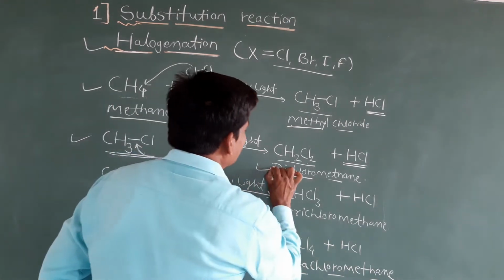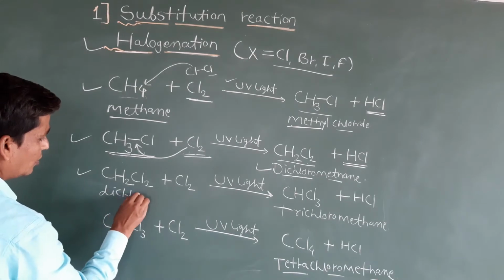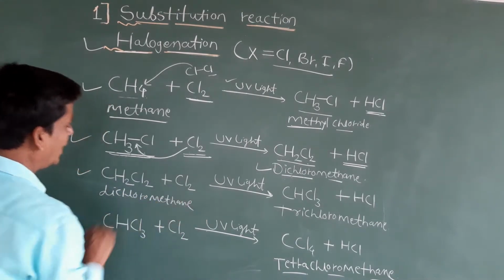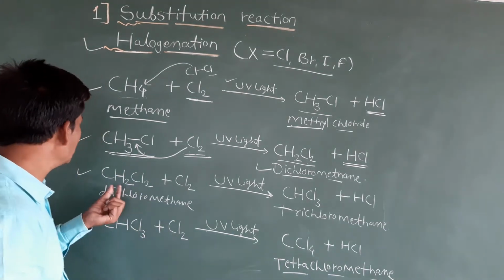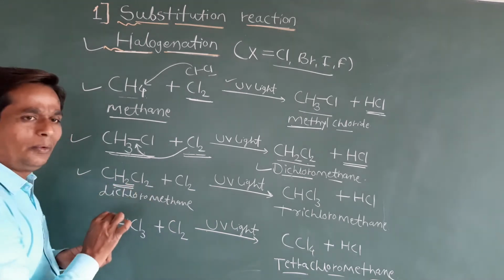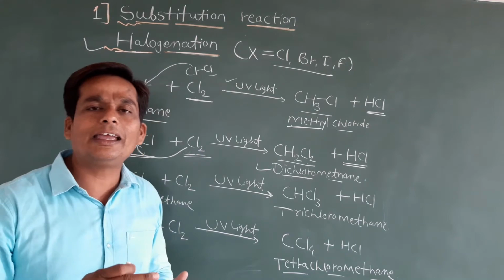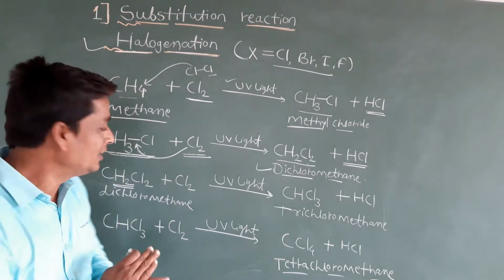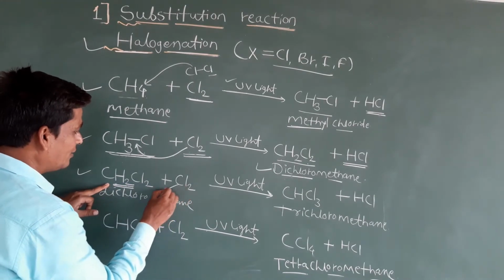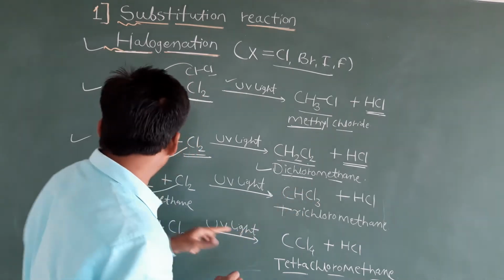Again I take this dichloromethane, CH2Cl2. How many hydrogens are there in dichloromethane? Two hydrogens. Students, one more hydrogen can be removed, and remember, whenever you carry out the halogenation reaction, you can continue the reaction as long as hydrogen is present. Again one hydrogen is removed and one Cl substitutes. We get CHCl3.